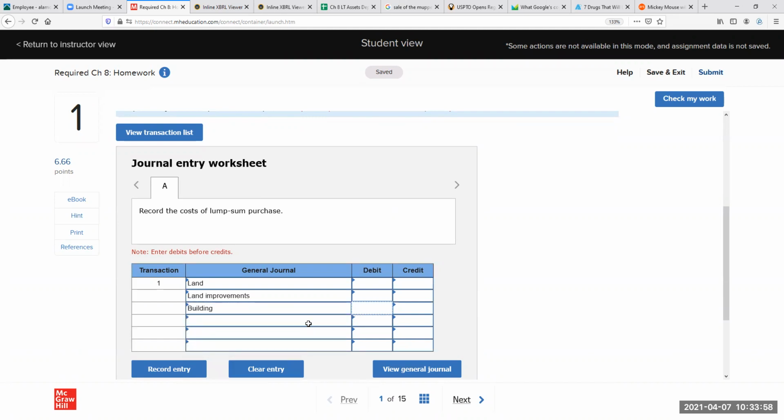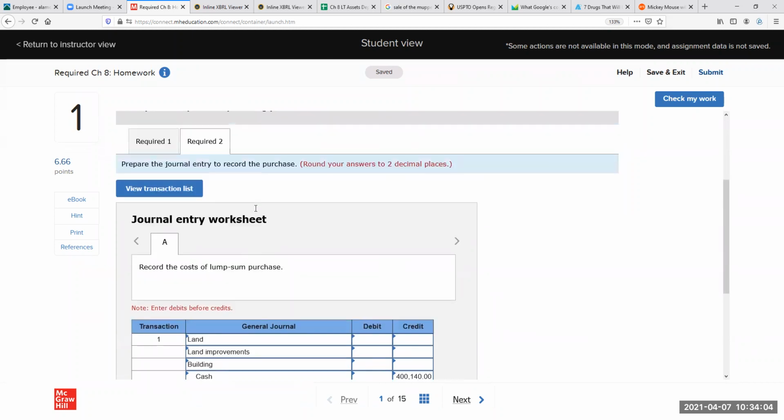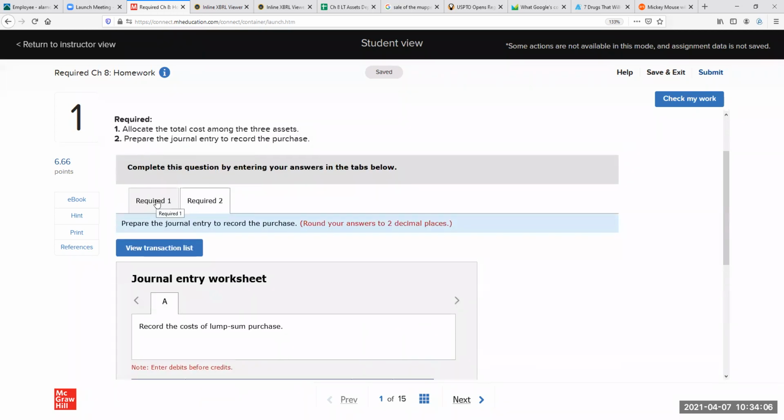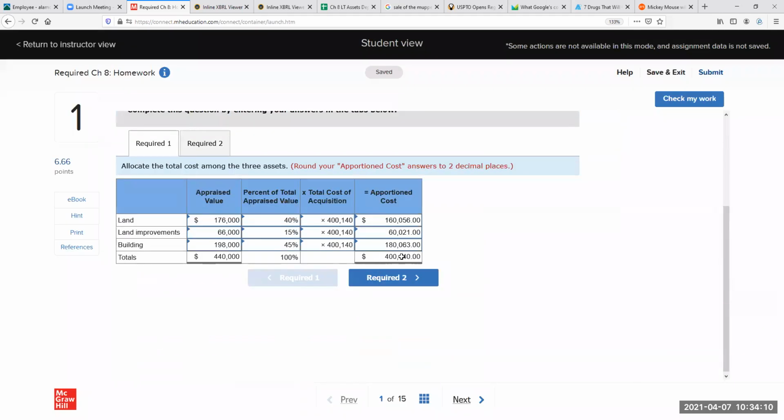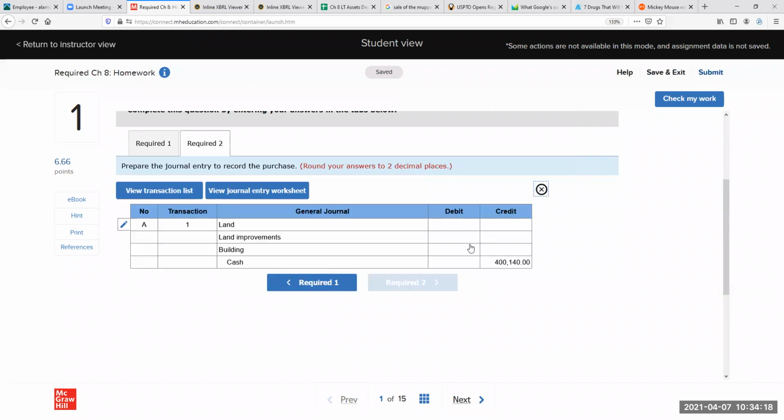And how much did you pay? Cash. Let's assume cash. How much? 400,000, right? So that's what they paid. You have to use these amounts: 160,000, 60,000, and the 180,000. And they'll add up to that.